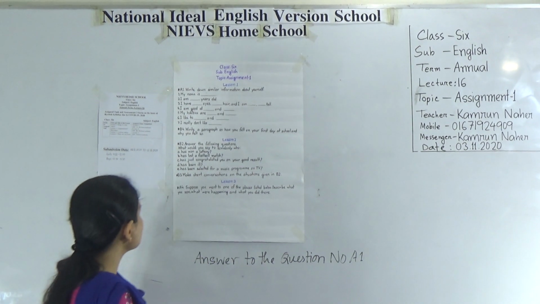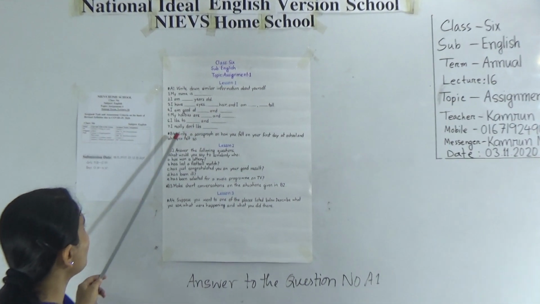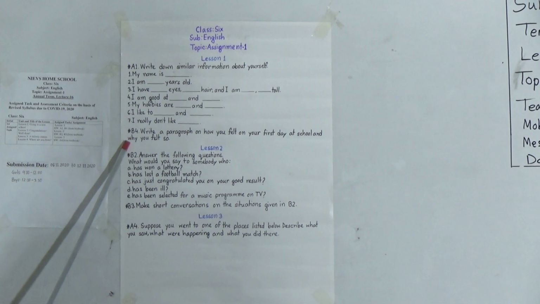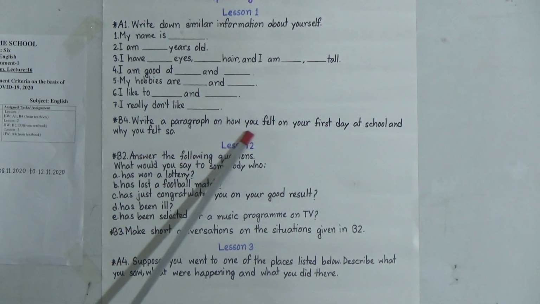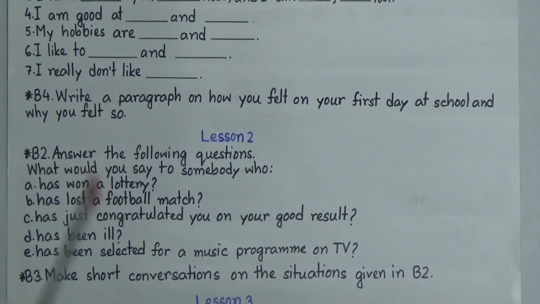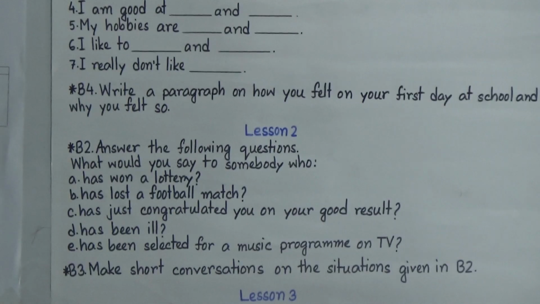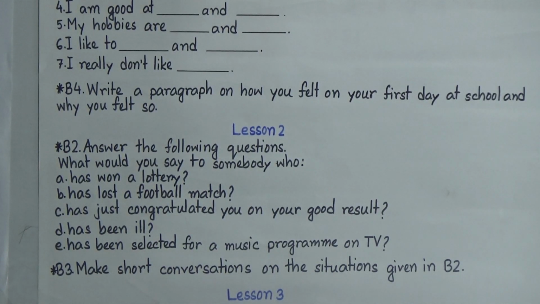So dear students, now look, now from lesson 1 you will do B4, and what is given in B4? Write a paragraph on how you felt on your first day at school and why you felt so. So you will write a short paragraph about yourself. I mean, how you felt when it was your first day at school, and why do you feel so?